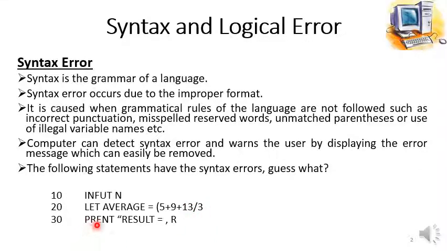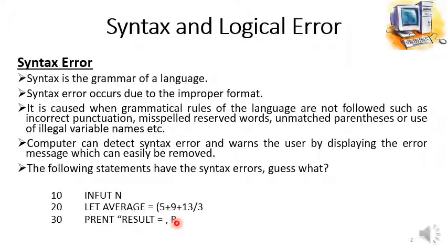In the third statement, instead of print, they have written "prent", which is wrong, misspelled. And then another error: result is equal to, and displaying the value of r. If there is opening inverted commas or double quotation marks, there must be a closing quotation mark after this equal to. So all these three statements have some syntax errors.